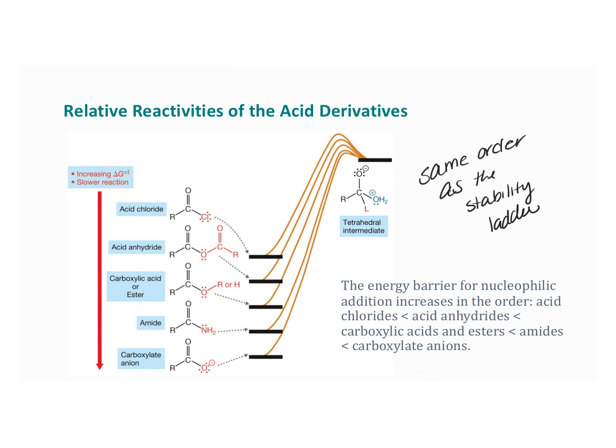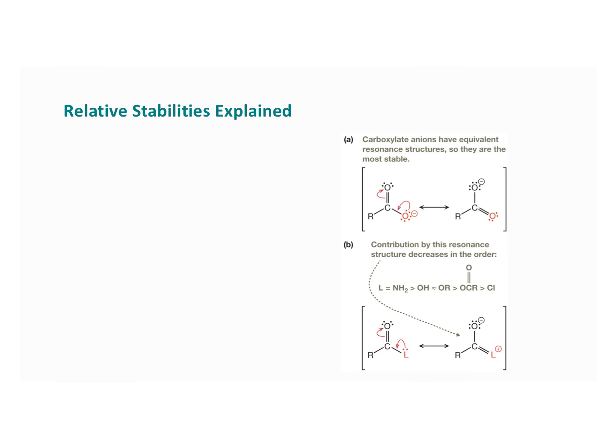Let's talk about why we see this. So the relative stabilities of the acid derivatives are generally due to the extent that the pi electrons in the carbonyl group participate in resonance with the lone pair of electrons on the leaving group. So let's put some words to that.